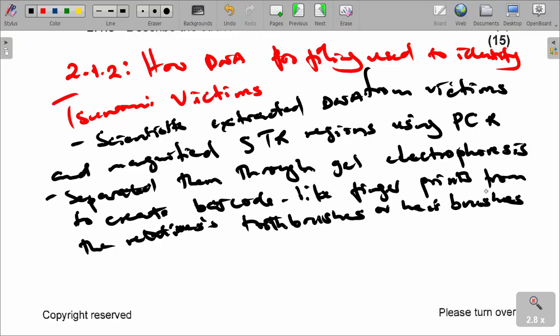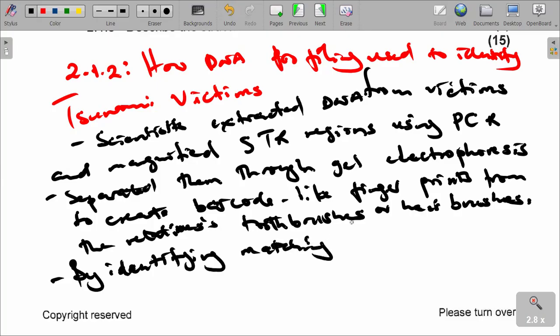So by identifying matching barcodes, I mean matching bands, they give positive identification.